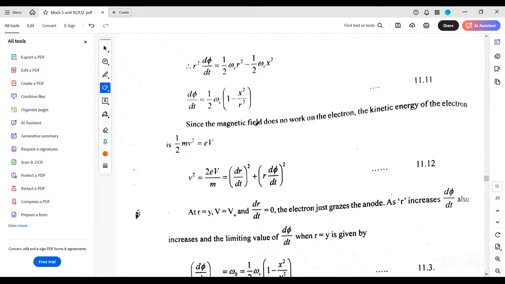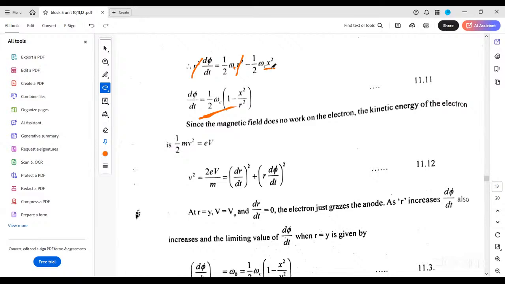Make 1/2 omega c common. Before that, rearranging the r square term. R square cancels. When r square on the LHS and r square on the RHS are removed, in the second term we get x square by r square.